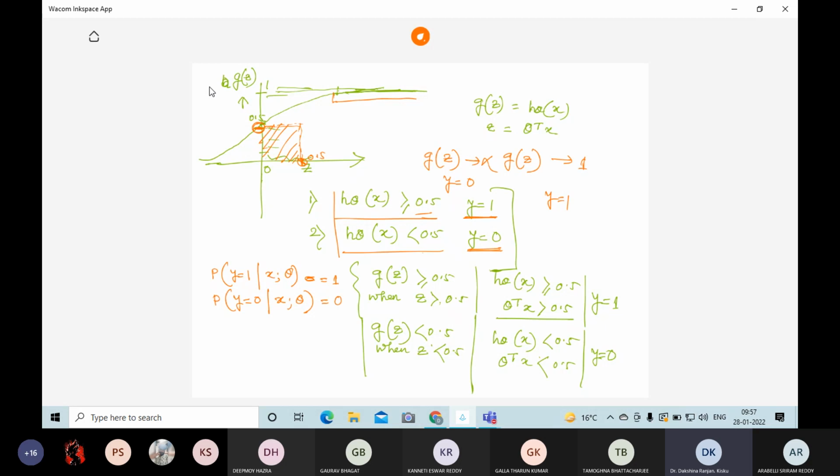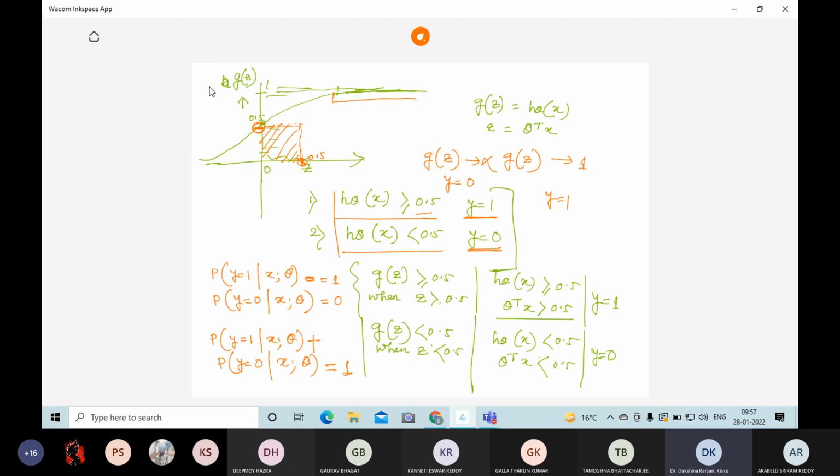Now on the same observation, for a particular pattern, we can have probability of y equals 1 given x parameterized by model parameter theta plus probability of y equals 0 given x parameterized by model parameter theta to be 1. So after adding both these conditional probabilities, we get 1.